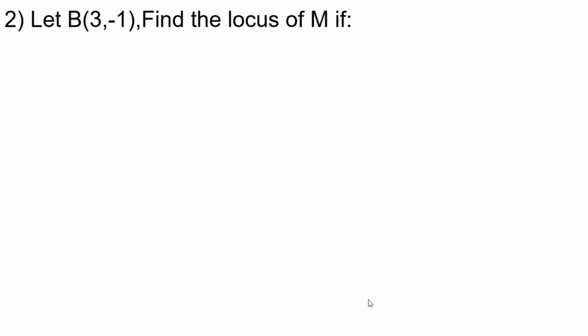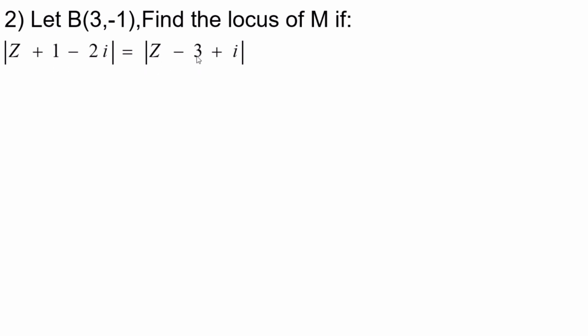Let B be 3 minus i. Find the locus of M if the modulus of z plus 1 minus 2i equals the modulus of z minus 3 plus i. The modulus of z plus 1 minus 2i is the modulus of z AM, equal to AM.